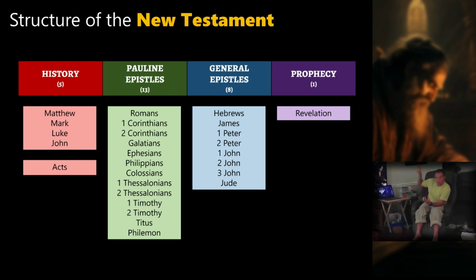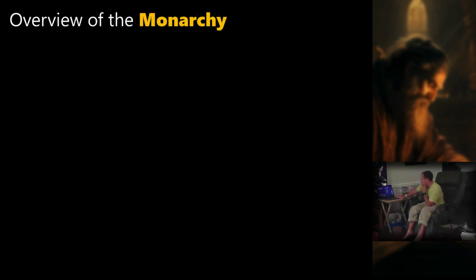And basically the other 22 books in the Old Testament all fit chronologically somewhere into those 17 historical books. Because if you read Genesis through Esther, you've got the whole history of the Old Testament, and all those other books fit into that. So what I want to do now is look at how those books fit into it, right? And so we're going to start off with an overview of the monarchy.